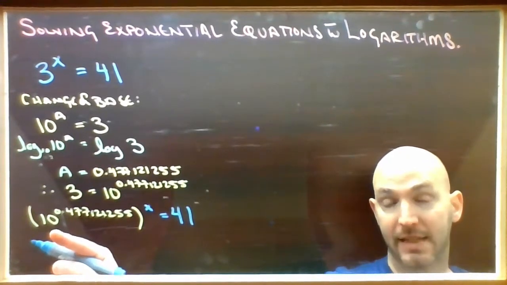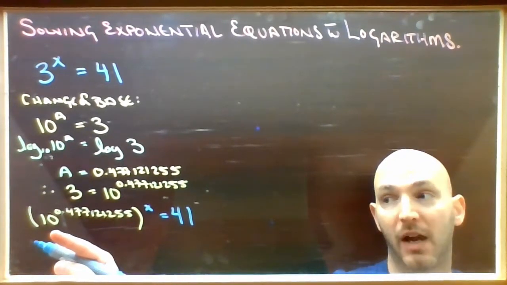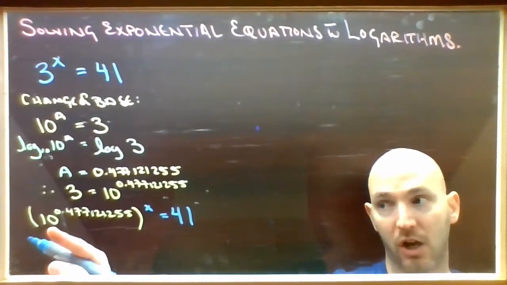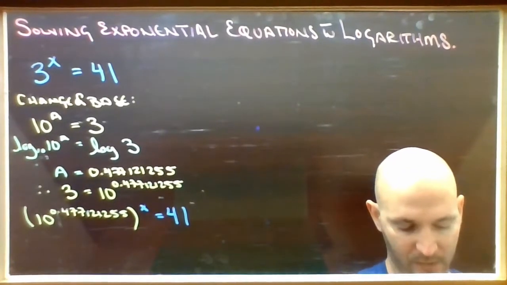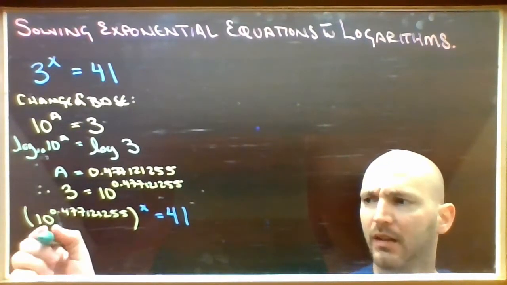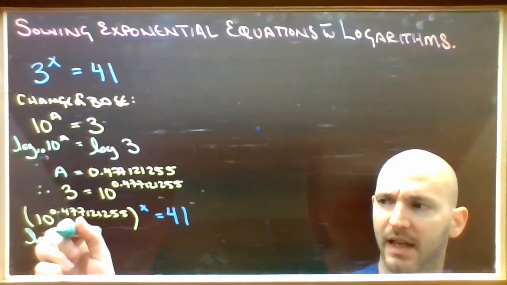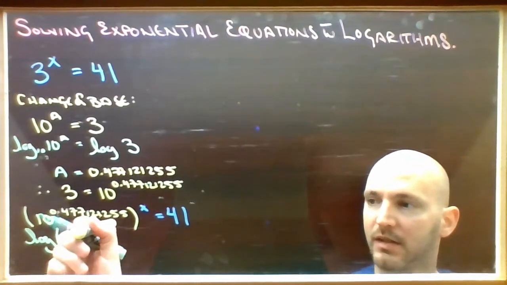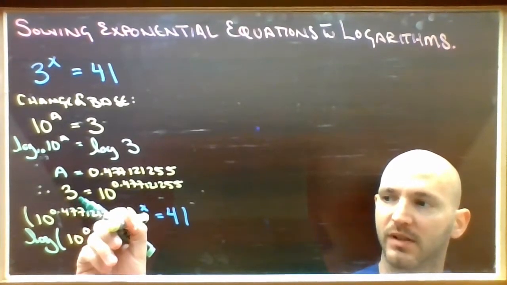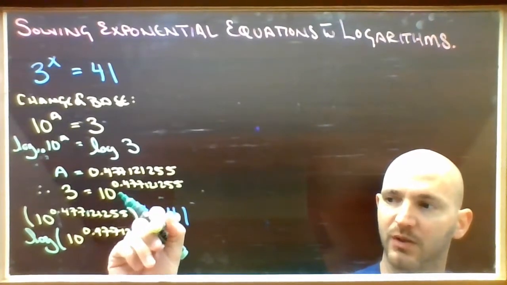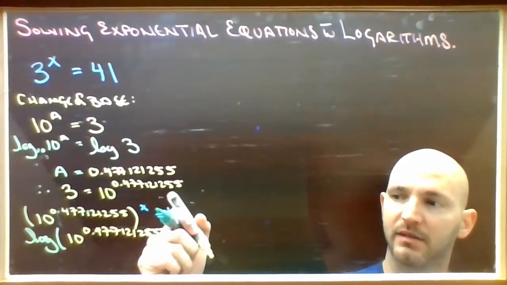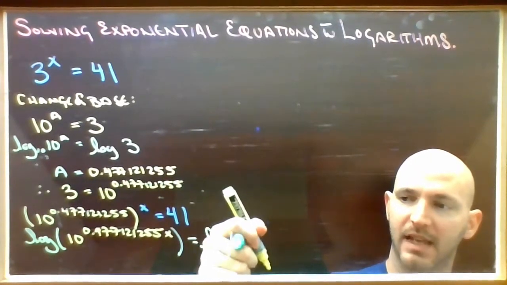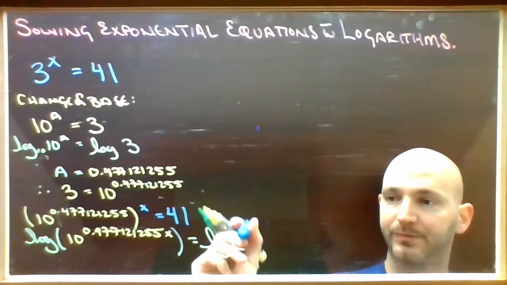I have an exponent base 10 now, so I'm going to use my log base 10 function on both sides of this equation. Log base 10 of 10 to the exponent 0.477121255x equals log base 10 of 41.